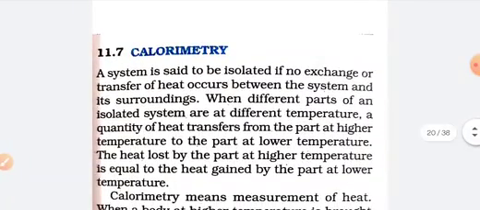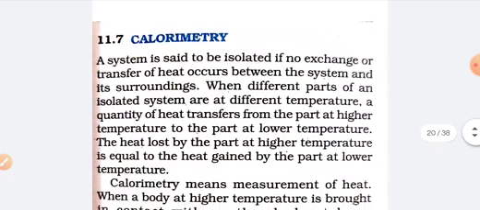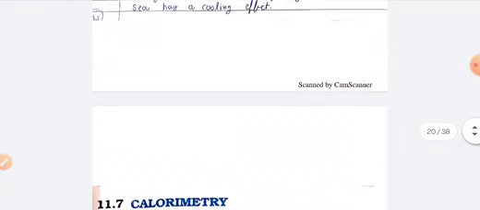So when different parts of an isolated system are at different temperatures, a quantity of heat transfers from the part at a higher temperature to the part at lower temperature. Then the heat lost by the part at higher temperature will obviously be equal to the heat gained by the part at the lower temperature.